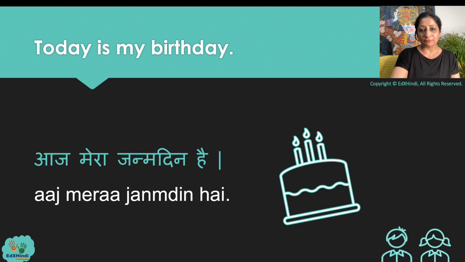Now you must have noticed there are two icons on the right hand side at the bottom, a boy and a girl. Whenever you see these two icons, this means that this sentence can be said by both the male speaker or the female speaker. There is no need to change the pronouns, adjectives, or no need to do verb conjugation for such sentences.